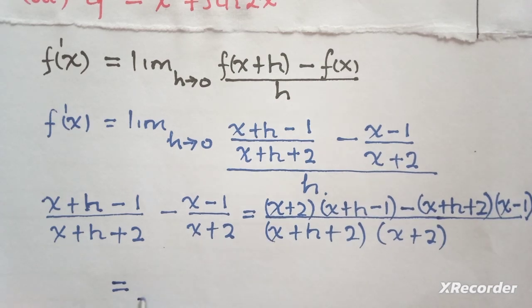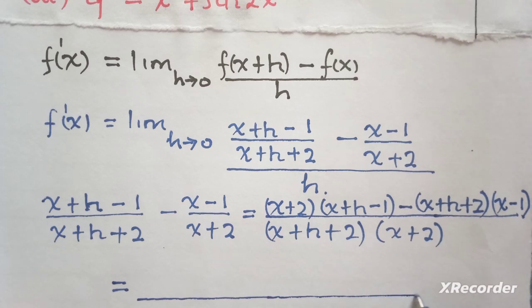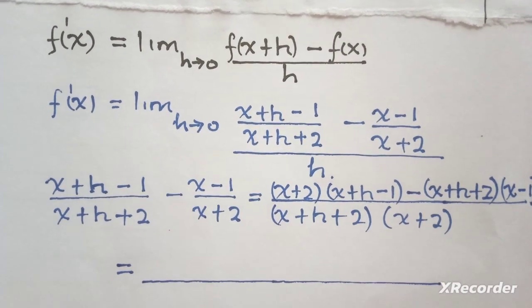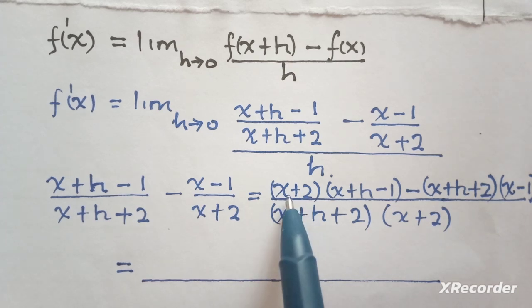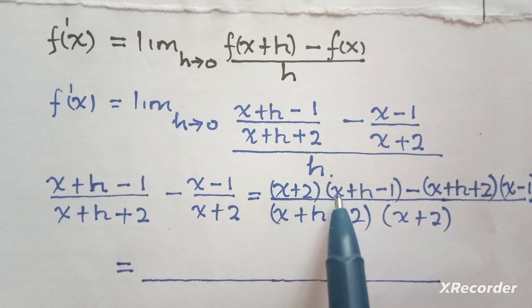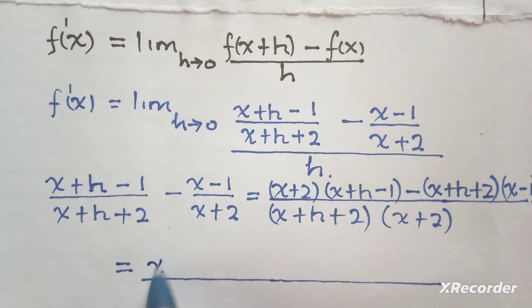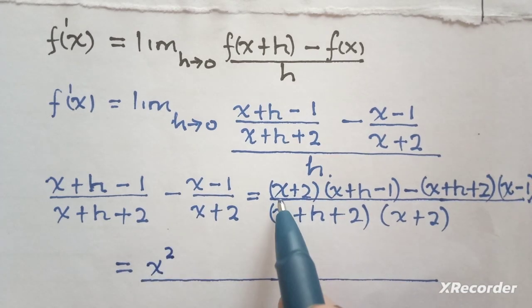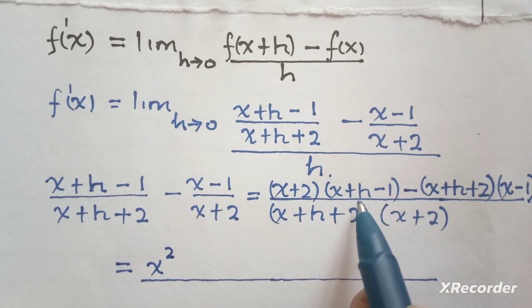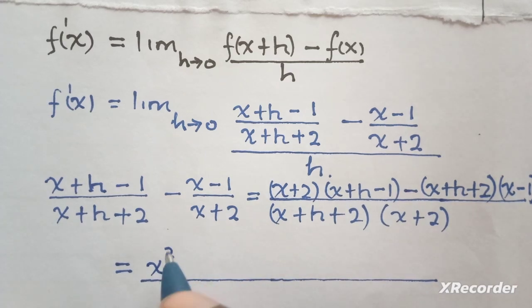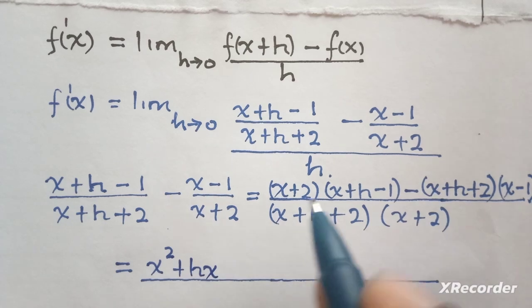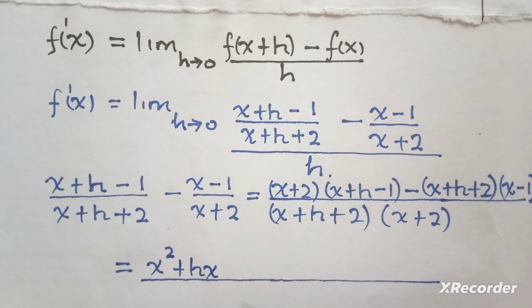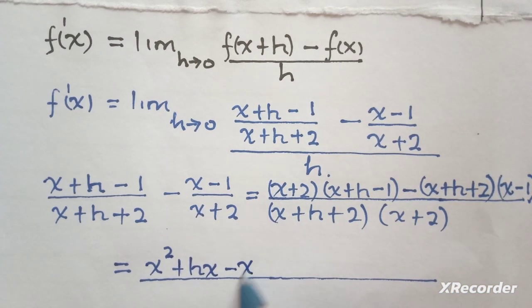So you can draw a line there. So now, guys, we come and say, we do this first numerator, that is x multiplied by x, we get x squared. x multiplied by h, you get plus hx. x multiplied by negative 1, you get negative x.